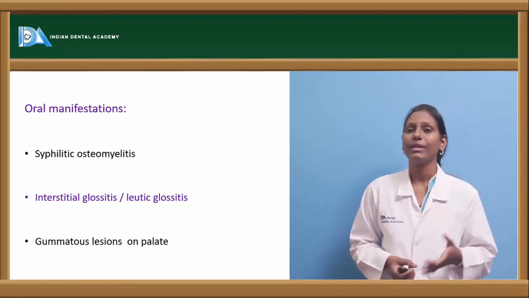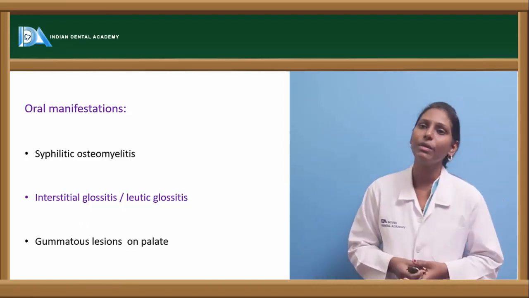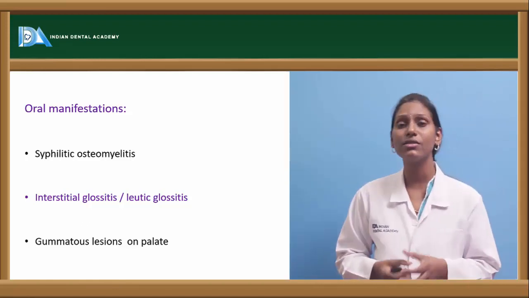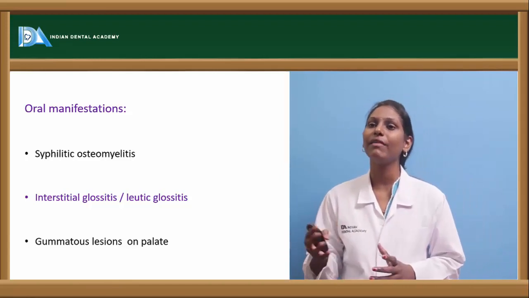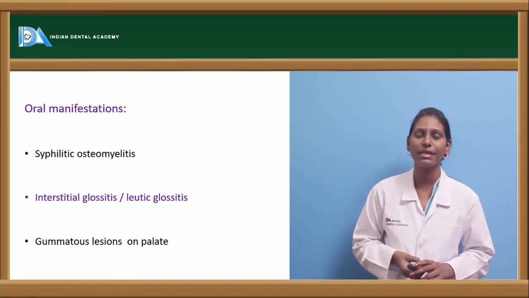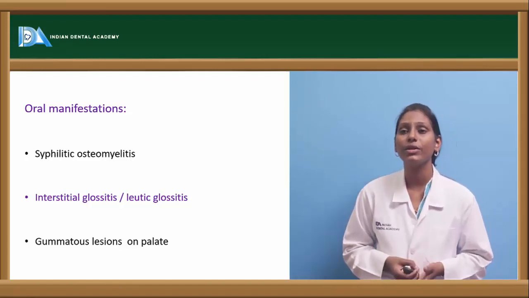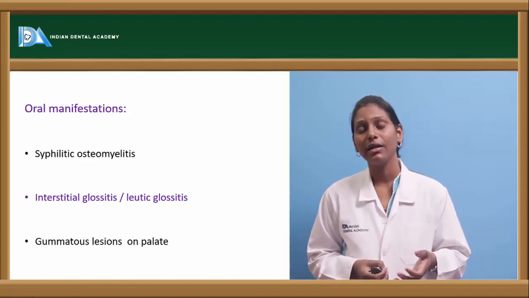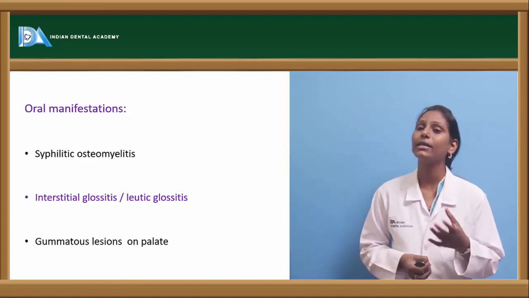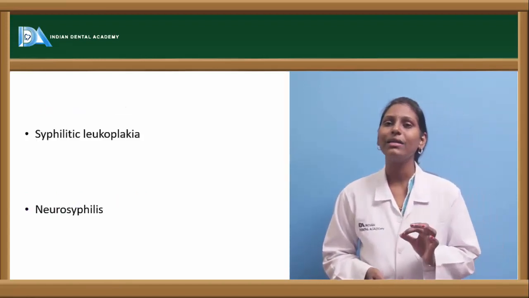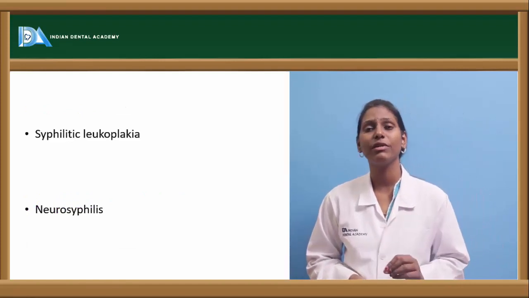When you're talking about the various oral manifestations, syphilitic osteomyelitis usually involves the mandible, more commonly than the maxilla, and we have interstitial glossitis or luetic glossitis. Interstitial glossitis and luetic glossitis is again a premalignant lesion which has a high propensity for malignancy, and then gummatous lesions on the palate. Palate is the most common site, especially for a gummatous lesion.